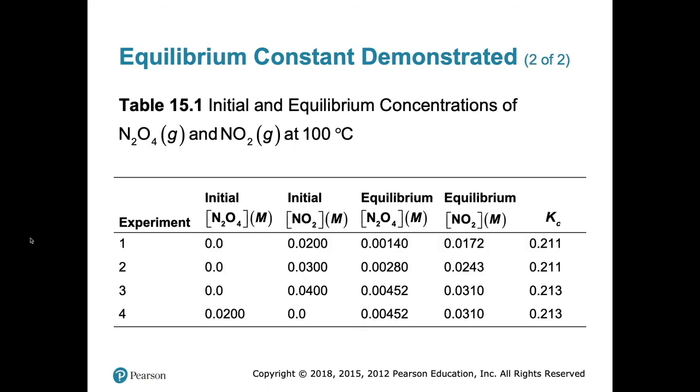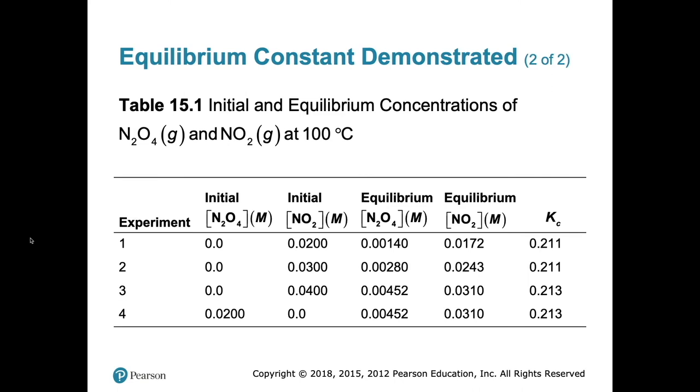So let's take a look at this using experimental data. Again, we have the initial and equilibrium concentrations of the dinitrogen tetroxide gas and the nitrogen dioxide gas at 100 degrees Celsius, okay?